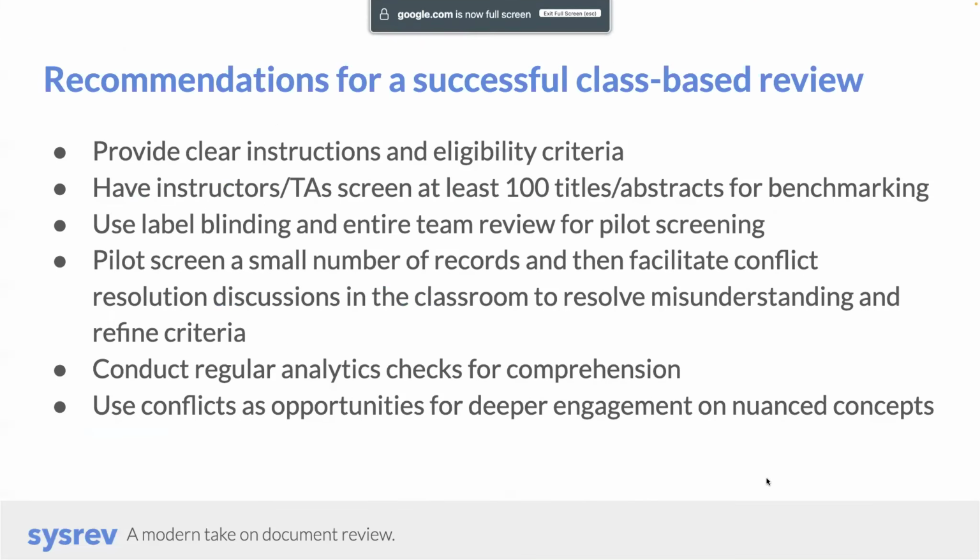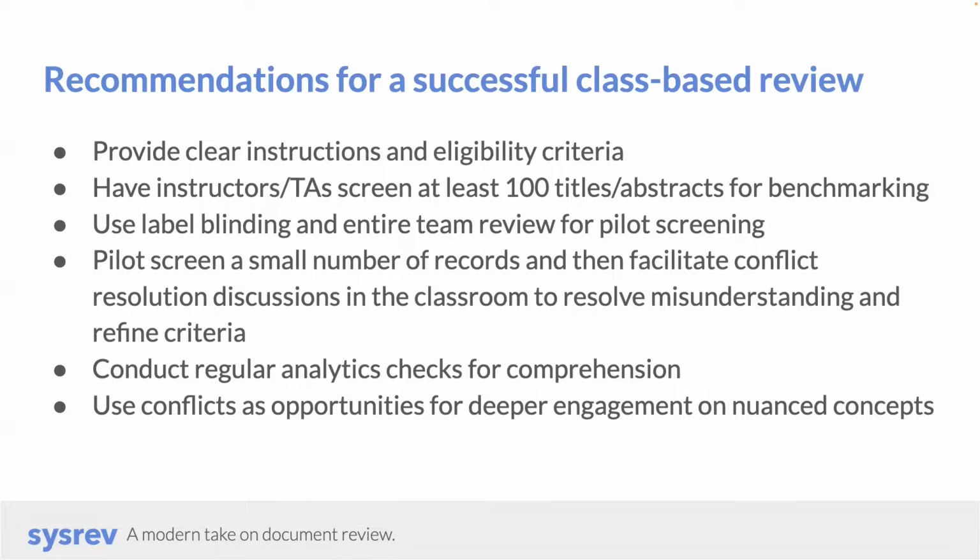Okay, with that, I'm just going to wrap up with a few recommendations. This, again, comes from our experiences in using Sysrev in this way. We certainly recommend clear instructions, especially if you're having students screen records for eligibility for review. I think if you have had experiences with doing a systematic review yourself, you would know that the eligibility criteria can be a very challenging set of criteria to define in a way that all of the reviewers are on the same page.